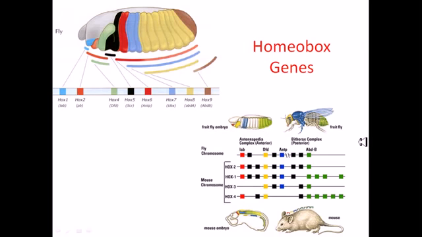Okay guys, now let us talk about the homeobox genes or homeotic genes, and what these actually mean. In simple terms, these are the genes which help in morphogenesis and in organ development.